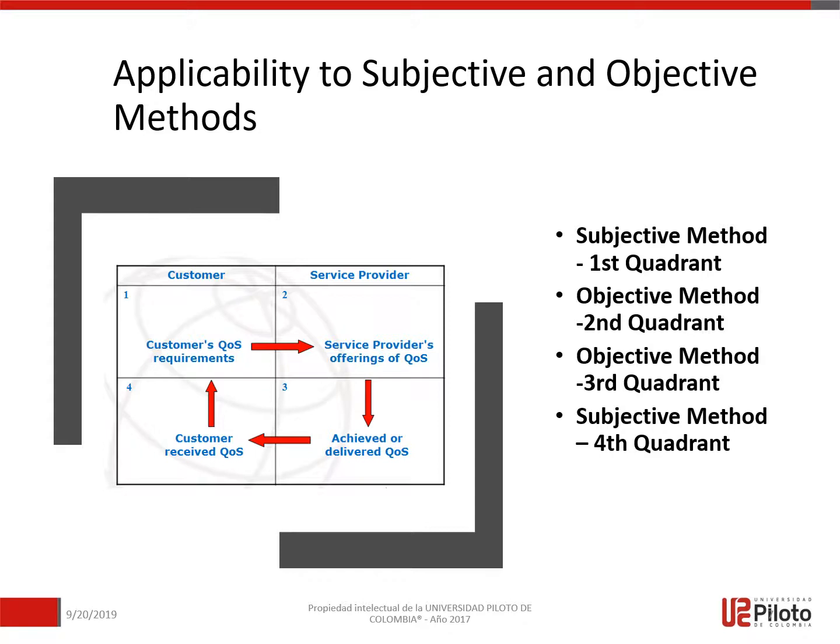The third quadrant is for the delivered QoS and requires QoS measurements and user-centric metrics to assess the achieved delivered QoS. And finally, the fourth quadrant is the subjective method, which requires opinion survey ratings of customer perception of the service. The first and fourth quadrants are followed by the subjective method, and the second and third quadrants by the objective method. The customer is the subjective and the service provider the objective perception.